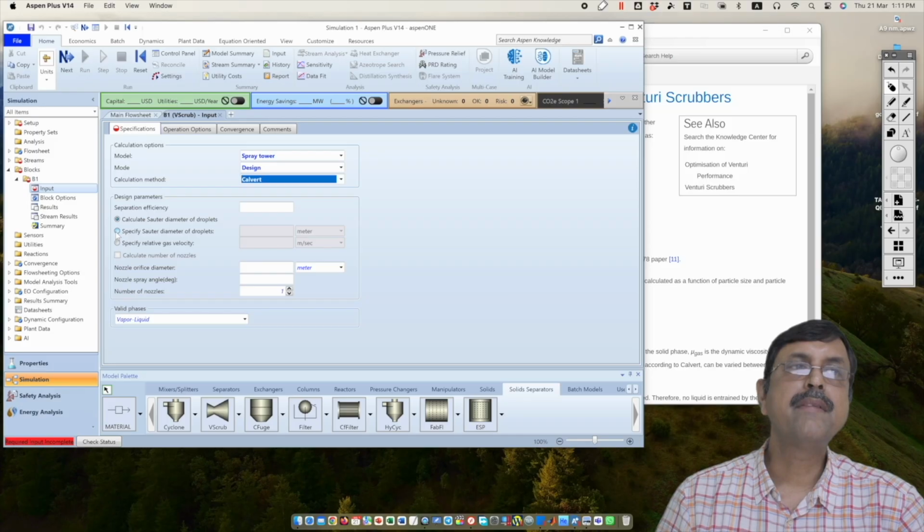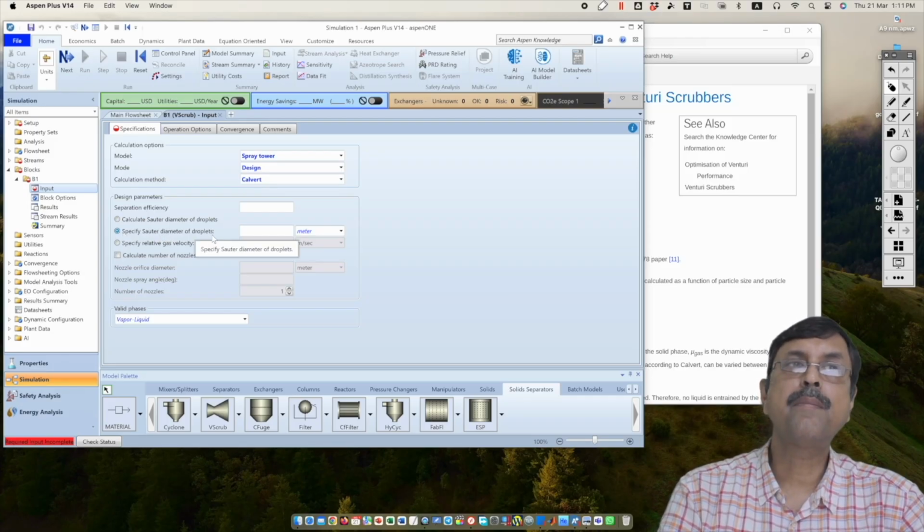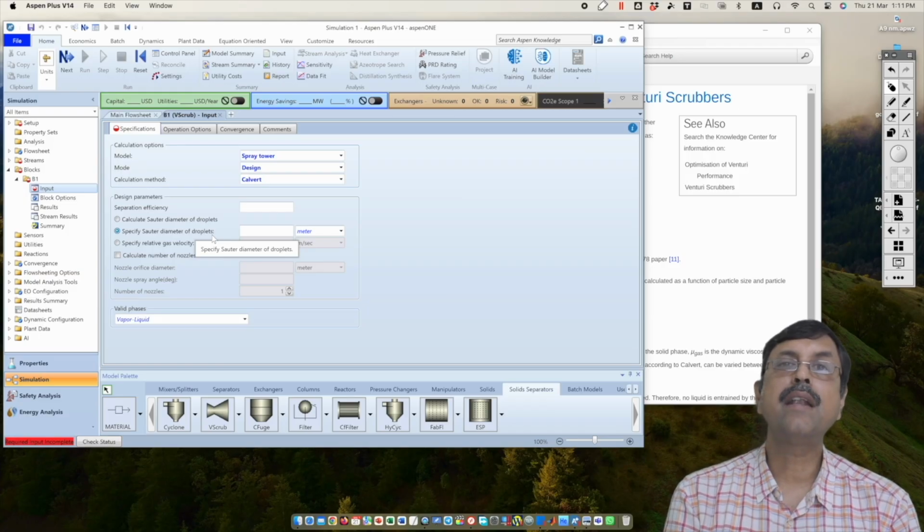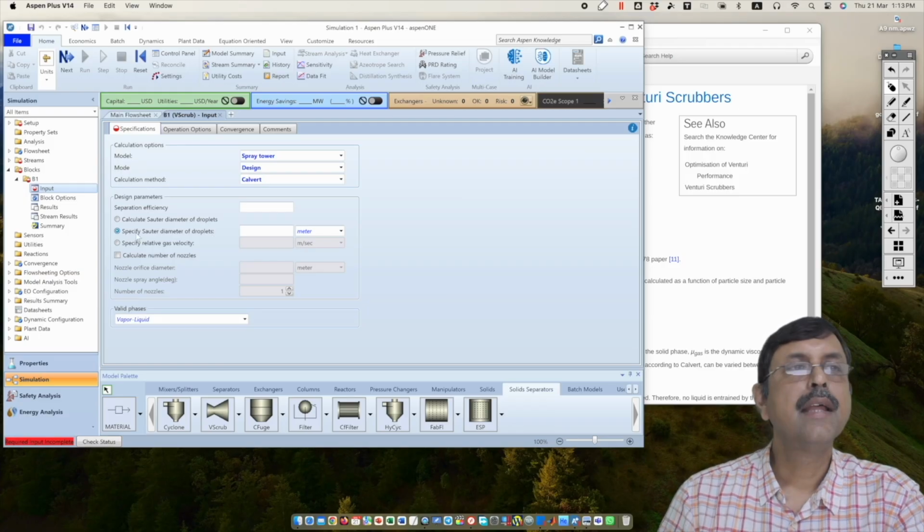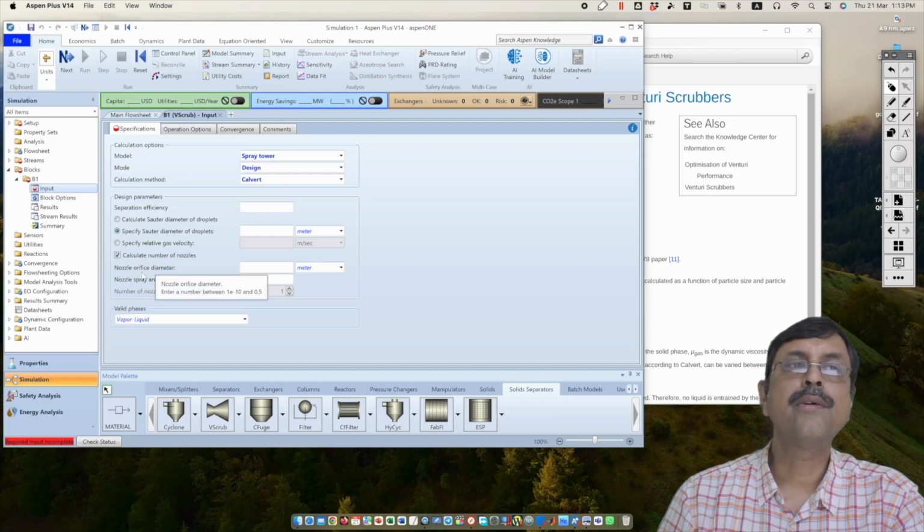Or you have to specify the sorted diameter of the droplet. If you know the sorted diameter of the droplet, you have to say that I want the sorted diameter of the droplet to be this. Then you also have an option to calculate the number of nozzles. And in that case also, you have to specify the orifice diameter and spray angle of the nozzle as well.